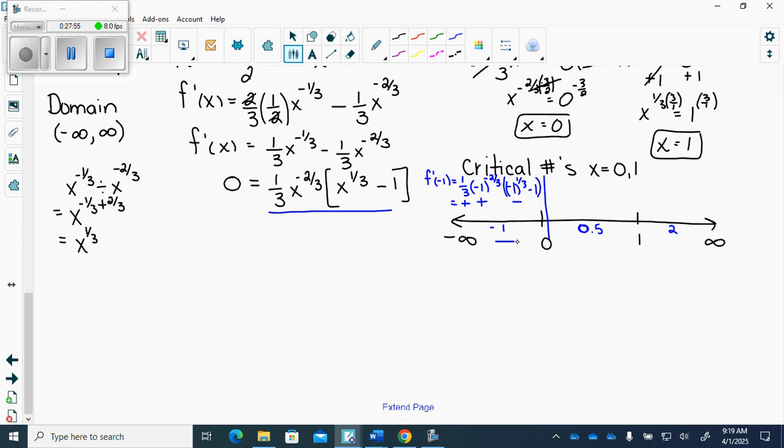Then we do 0.5. f prime of 0.5 equals 1/3, 0.5 to the negative 2/3, times 0.5 to the 3rd, minus 1.